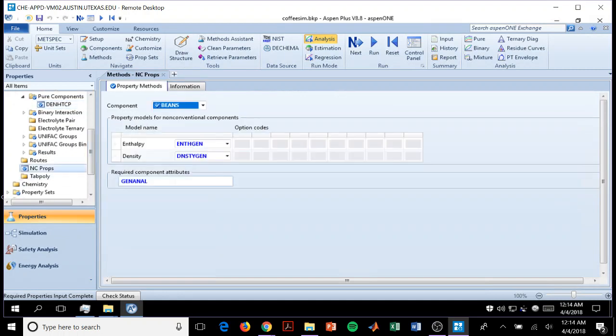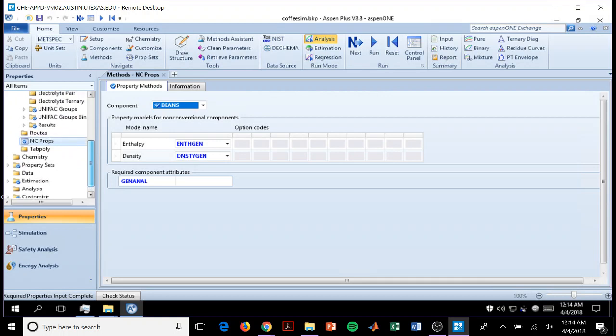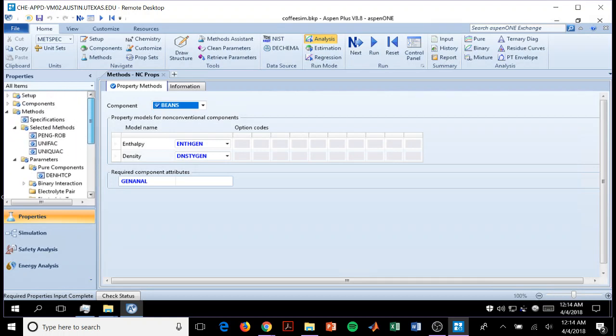Also, one of the things that you need to take into account is the non-conventional properties. There are enthalpy and density, which are going to be used in our feed so that we can define some of the properties of the beans that are going to be used by Aspen for calculations. So another thing is the methods that are being used.